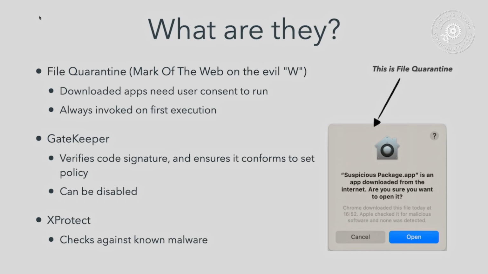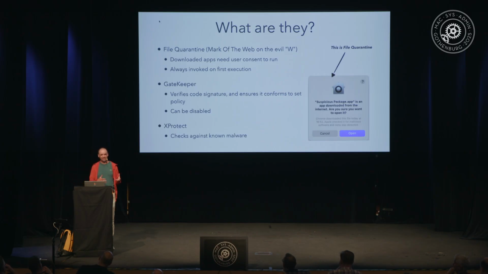So if you said that you only allow running App Store applications, then Gatekeeper will be the one that ensures that if you downloaded something from the internet, it will not run. It's responsible for verifying notarization, etc. This one can be disabled. If you disable Gatekeeper, you will still get this pop-up. And we have XProtect, which is basically Apple's malware scanning engine. So when you download an application and execute it, you get all these 3.